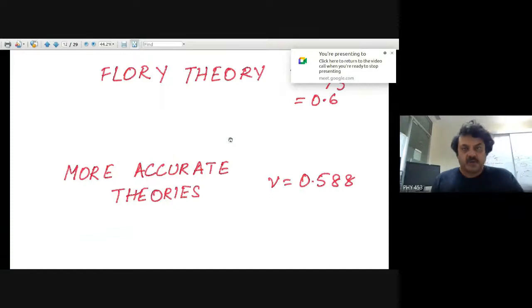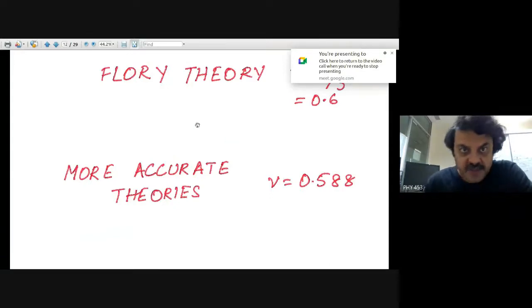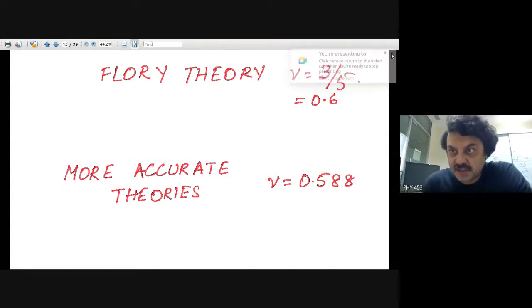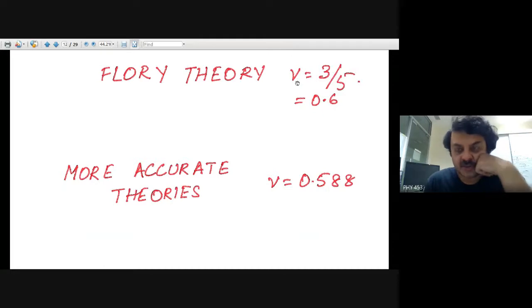Okay, so we start by reminding you that as per Flory theory, the Flory exponent nu, where R goes as N to the power nu, is equal to 3/5, which is equal to 0.6. But there are more accurate analytical theories which calculate nu.